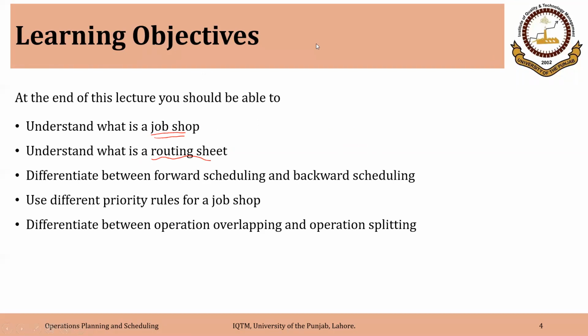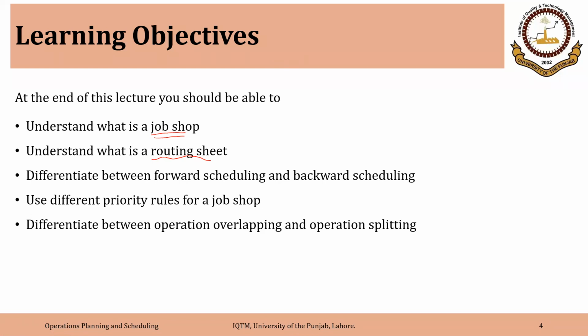That is not specific to job shops, it is used in batch production and mass production as well. It may have different names. It is called routing sheet or route sheet, or it may have some similar names. So we will see what that routing sheet is and what its role is in production activity control.